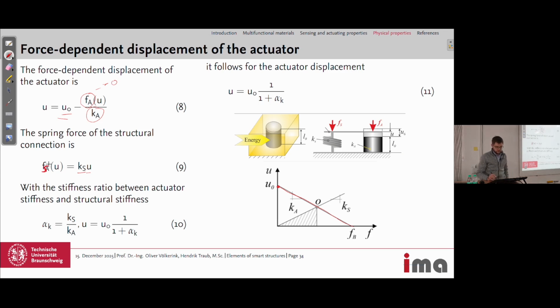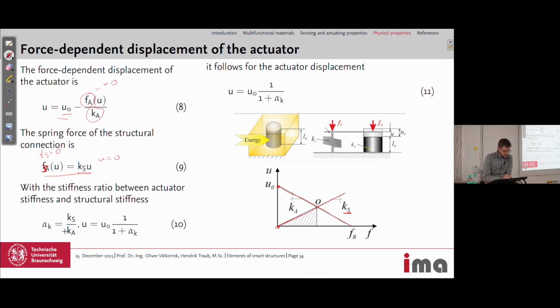This has to be Fs. So Fs as a function of u equals Ks times u, and this is this line here with the slope Ks. So if you have no displacement, if u equals 0, then Fs would also be 0. You are here at this point.